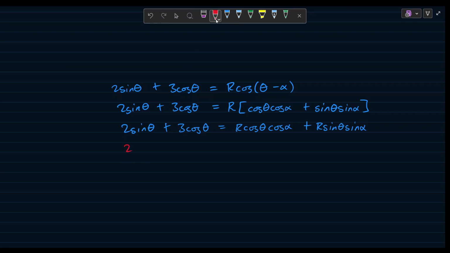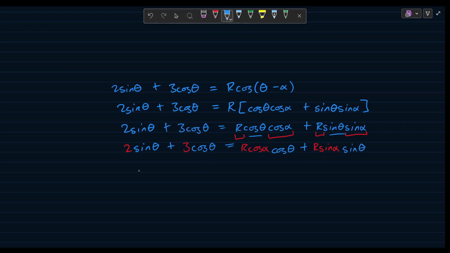And so here, this is 2 sine theta plus 3 cos theta is equal to, this is r cos alpha cos theta plus r sine alpha sine theta.